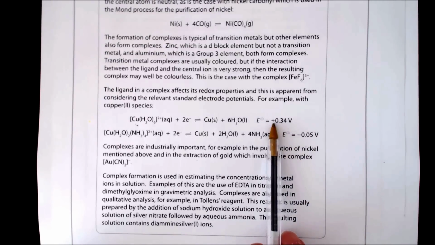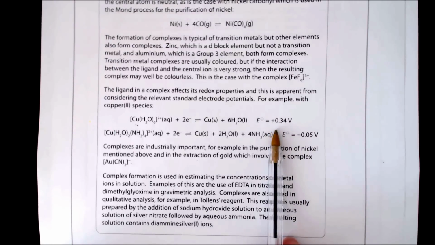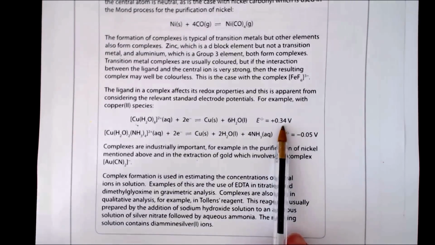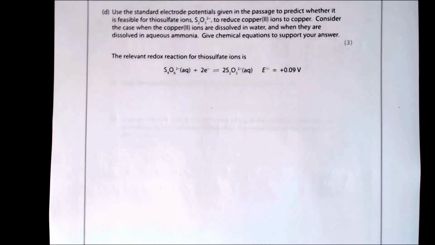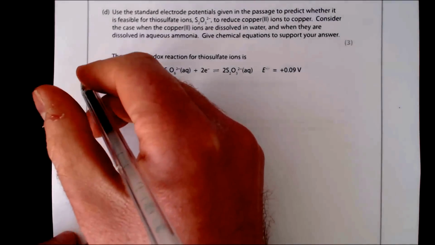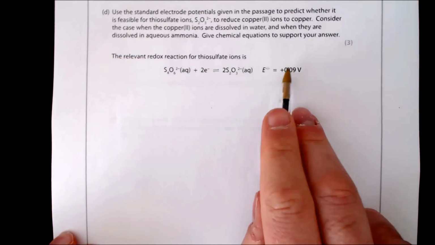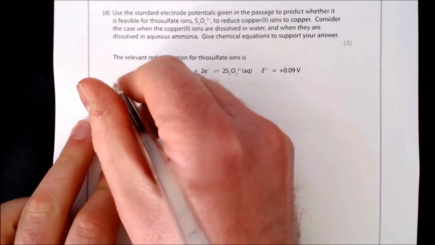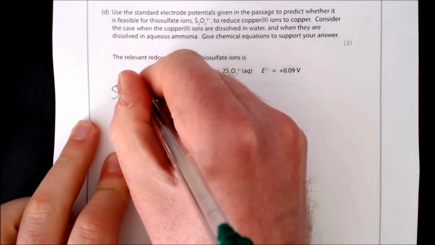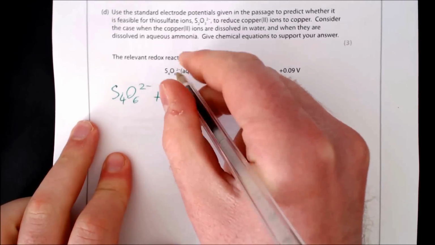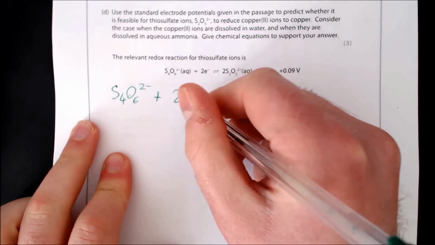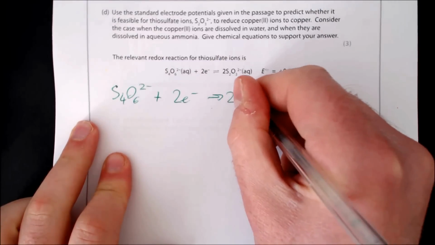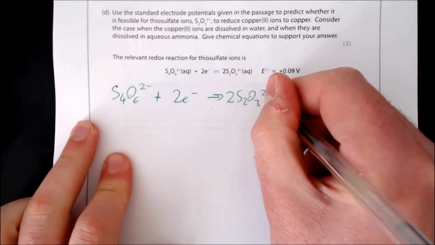Now, take note of this number because we're going to use this one. We're going to use the thiosulfate one, which was 0.09, and this one, which is 0.34. I'm just going to leave that there so we can see it. So we've got our 2 equations. Let's write our thiosulfate one, which was the lowest E0 value, up first. So we're going to put S4O6 2- plus 2 electrons, and that's going to form 2S2O3 2-.